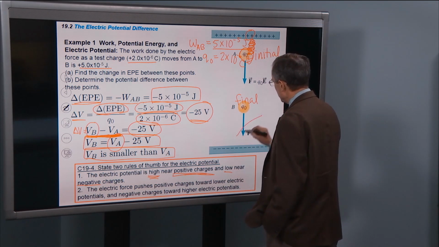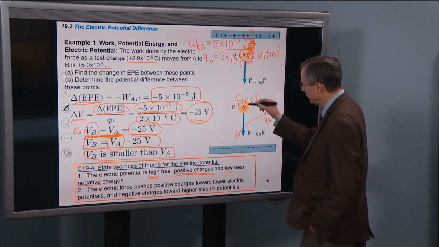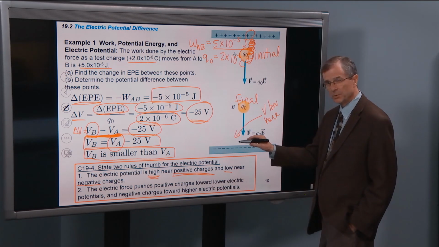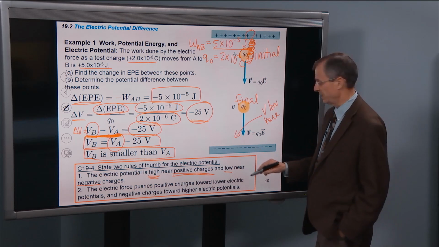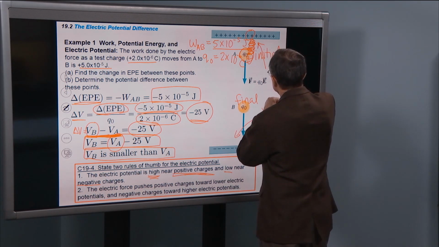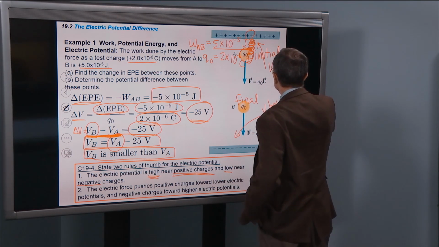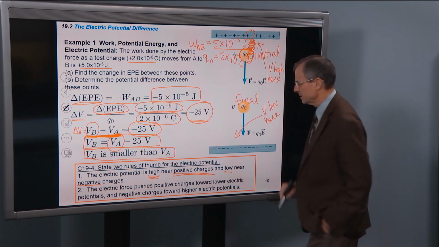So we'd say that the electric potential is low here. Namely, if we put that test charge down close here, the reason is that they're really, really attractive. That positive charge wants to be next to the negative charge. And the electric potential is high here, near the positive charge.